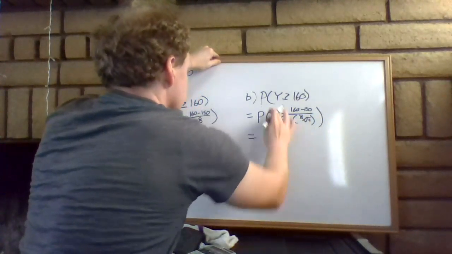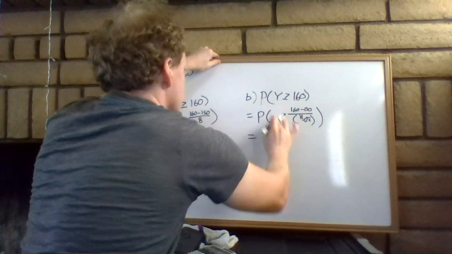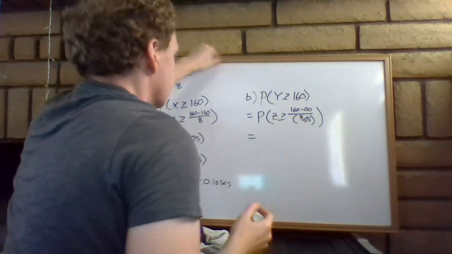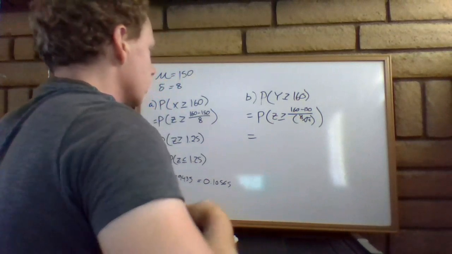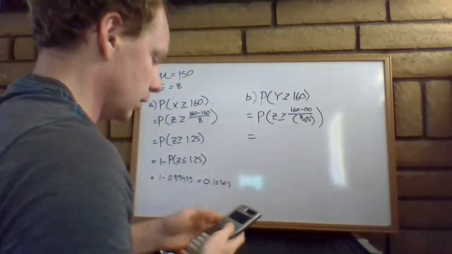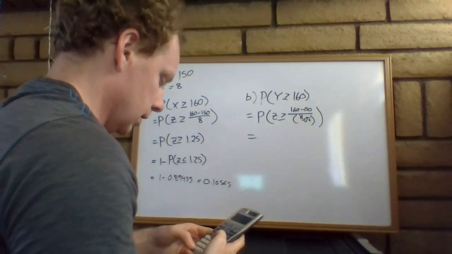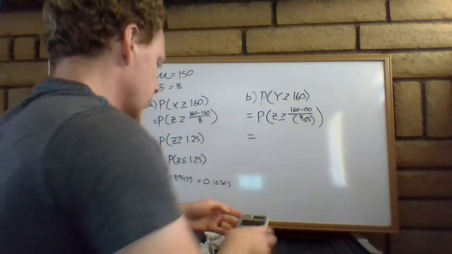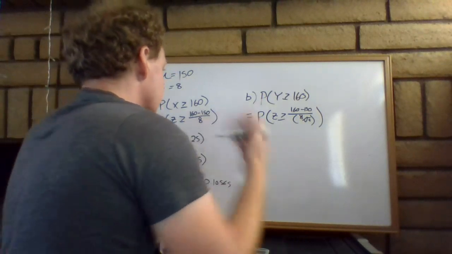Oh, sorry, not y here, z here, because we're turning into a z-score. All right, and if we do this calculation, it would be 10 divided by 8 divided by 3, which is 3.75.